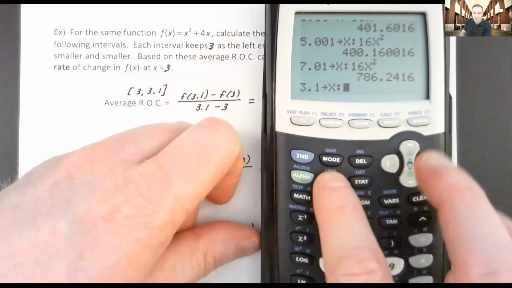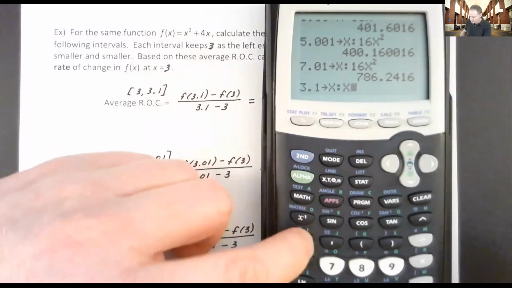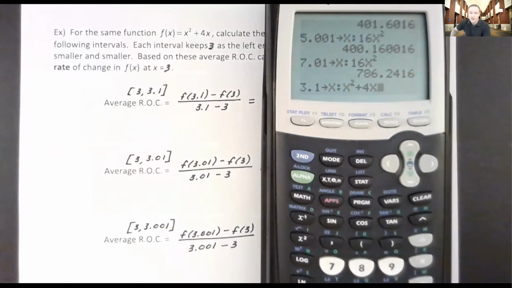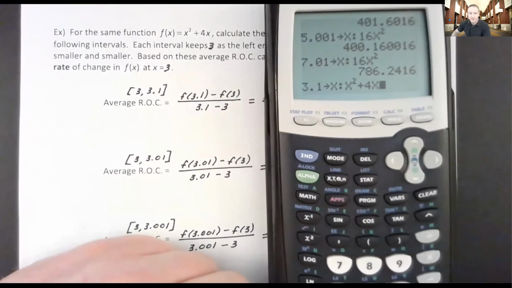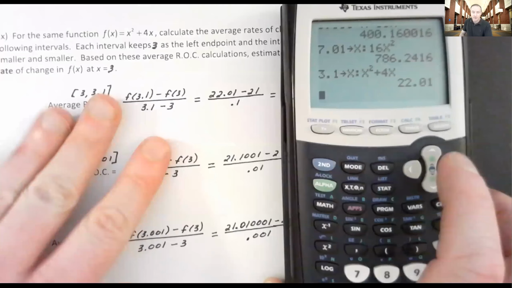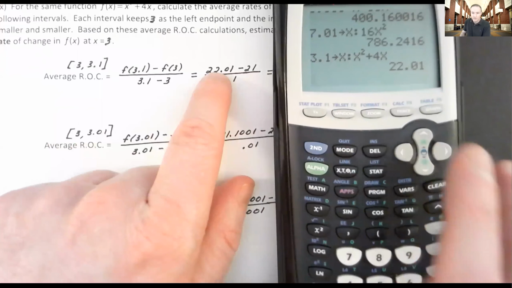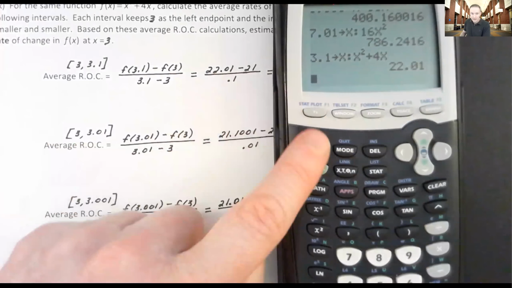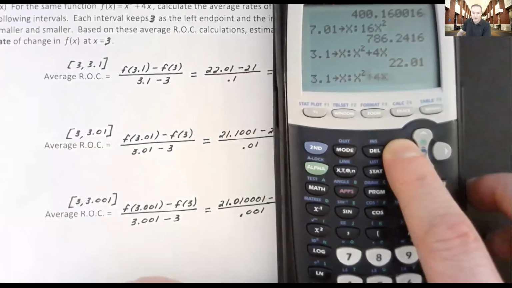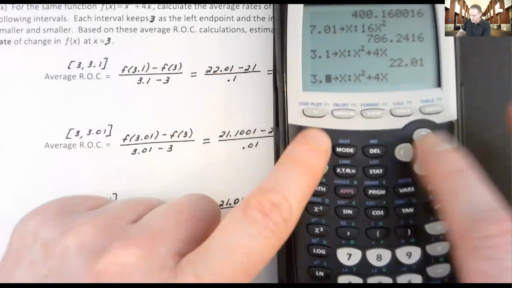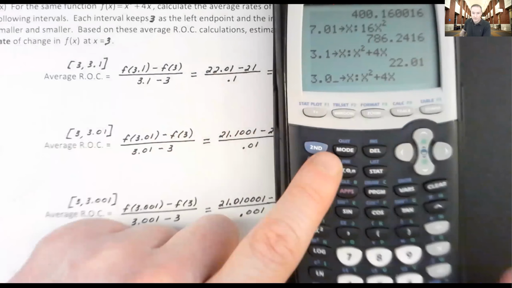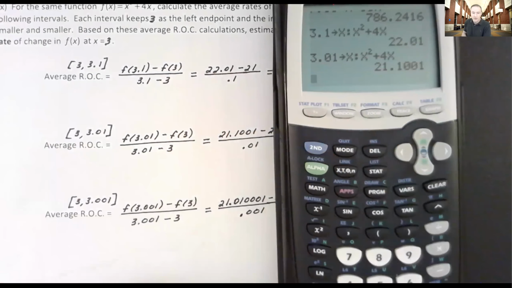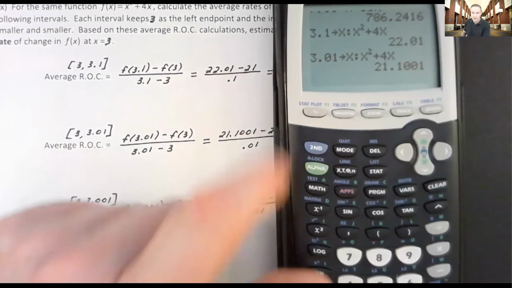My function is just x squared plus 4x. Then I can say, all right, this will give me the 3.1. That's where I got my 22.01 from. If I want the 3.01, all I have to do is hit second enter, arrow back, plug in a 0 before the 1, and I see, okay, 21.1001.